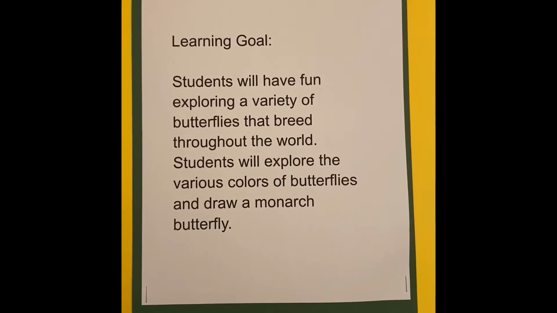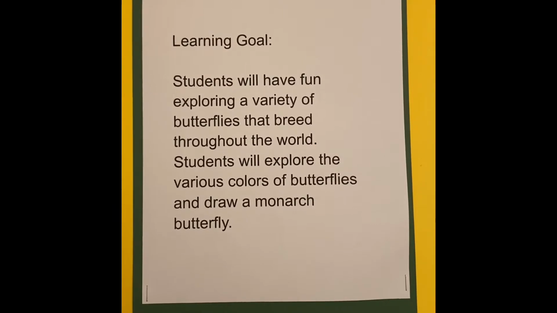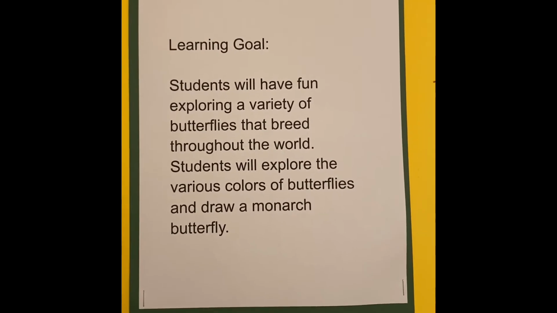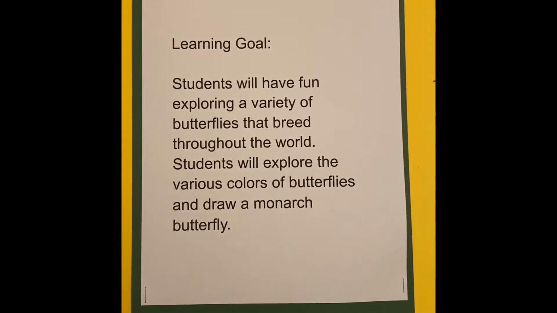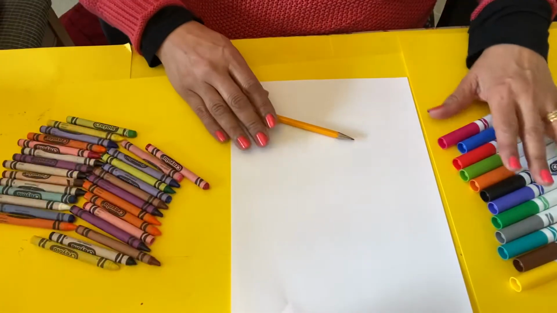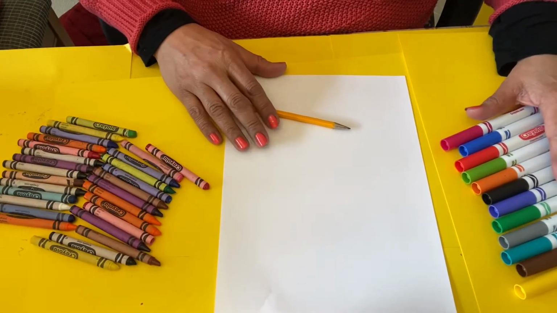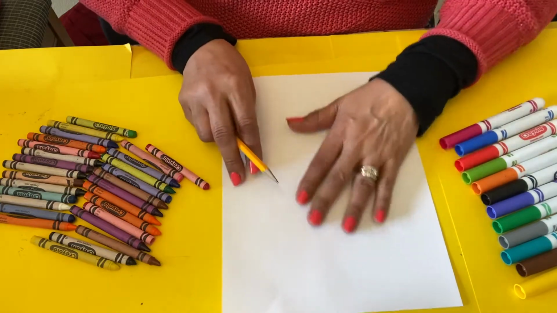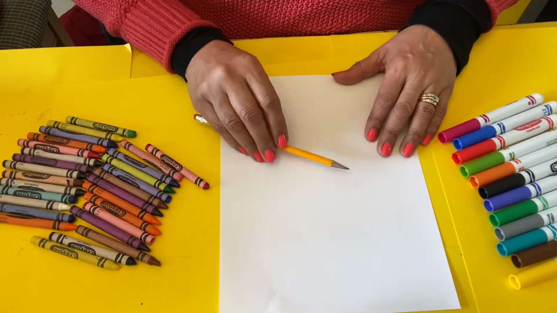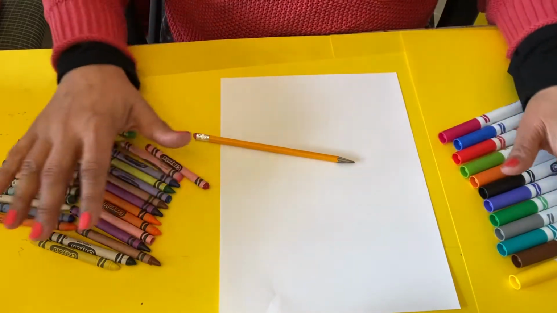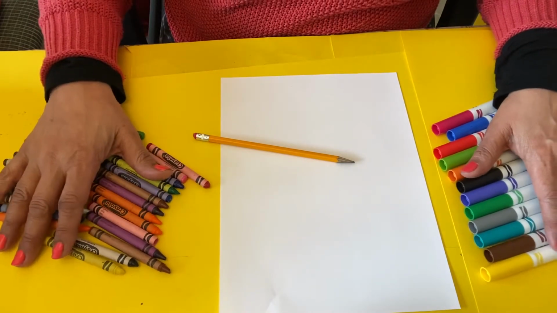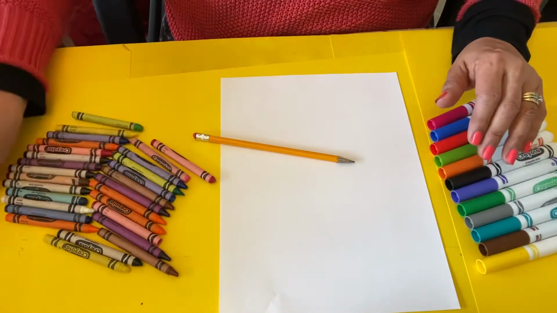Students will explore the various colors of butterflies and draw a monarch butterfly. So for today's supplies, as usual, it's always good to have nice paper, your pencil, and any color materials that you have available, okay?